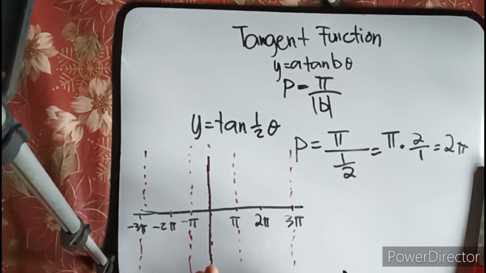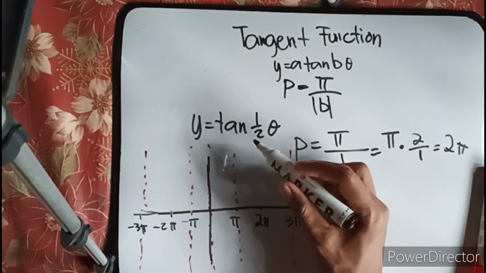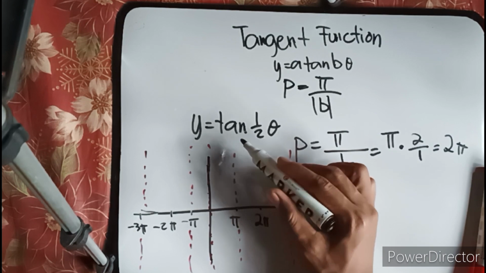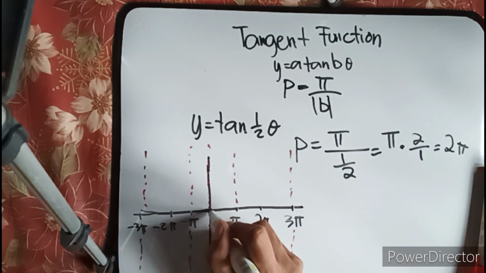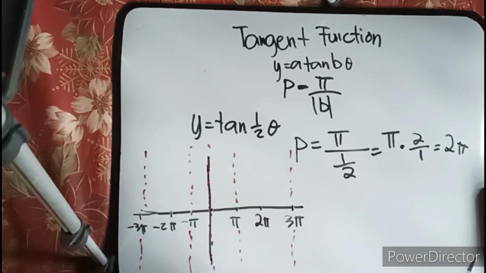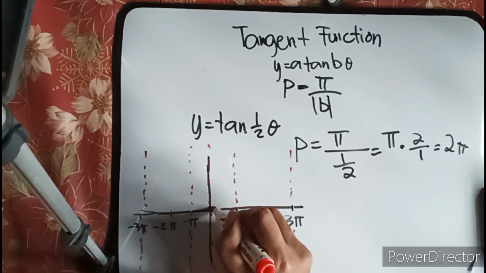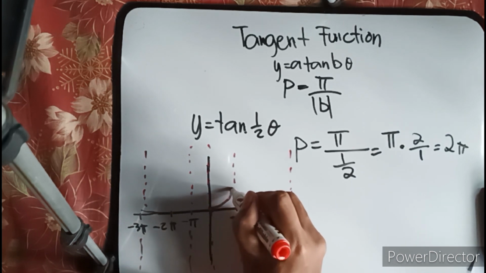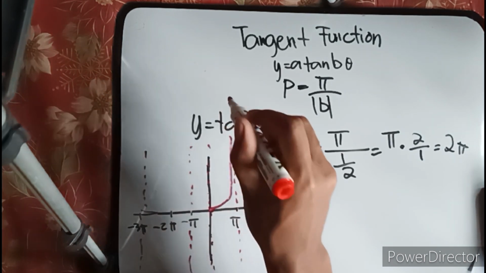Now that we have the asymptotes, the behavior of the tangent function is that it starts at the origin, at the center. Since our function is positive, it rises up here. It goes right there, up, and it should never touch the asymptote, up to infinity.